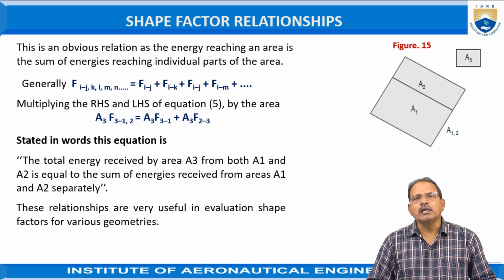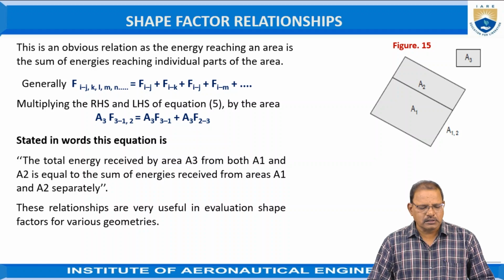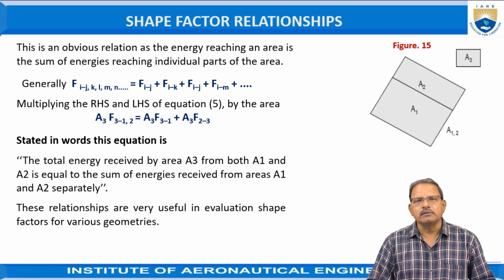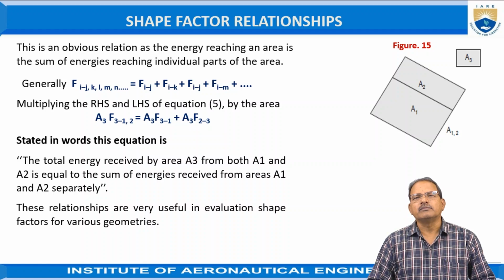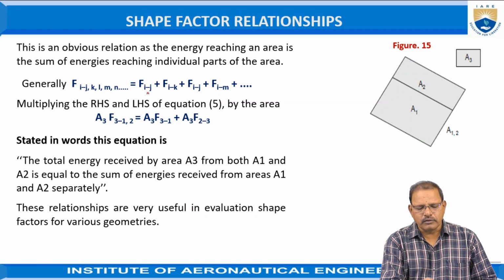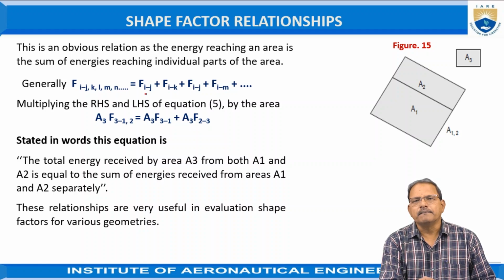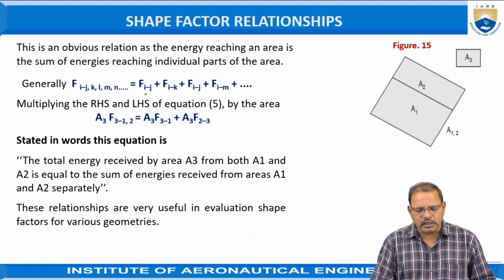If there are n number of planes, then we can say the shape factor Fi(j,k,l,m,n and so on) is equal to the sum of the shape factors, which is Fij plus Fik plus Fil, Fim and so on.